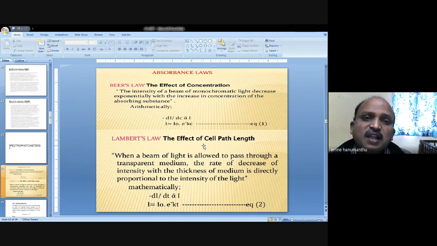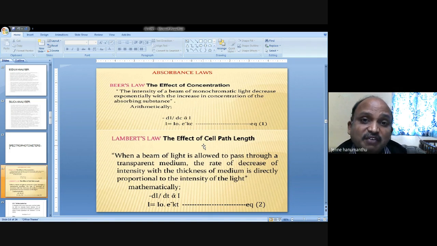Why is the light scattered? If the sample is completely dissolved in the solution, no scattering happens. The scattering is zero. But sometimes the sample to be analyzed is in the solid state, as solid particles.